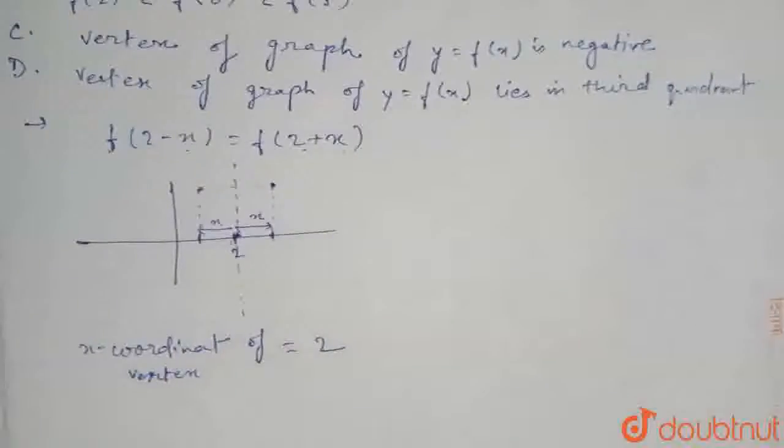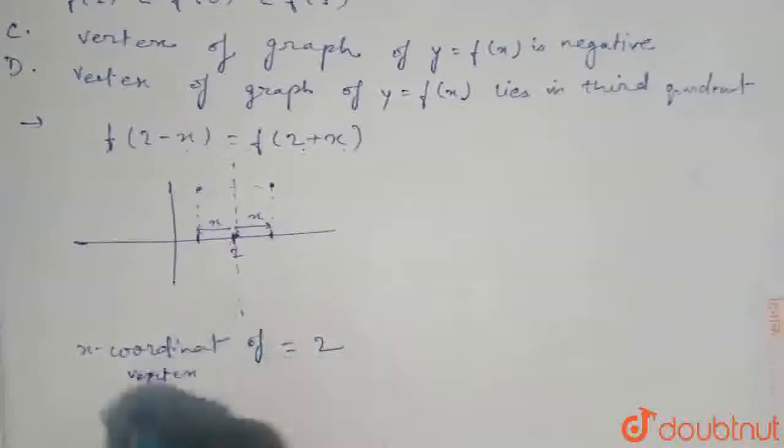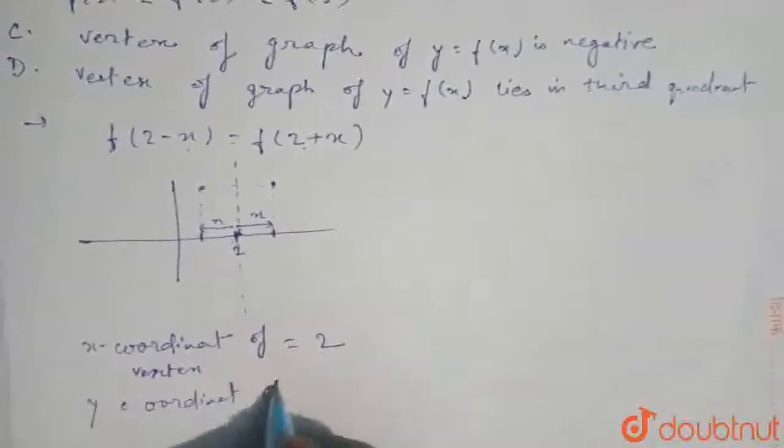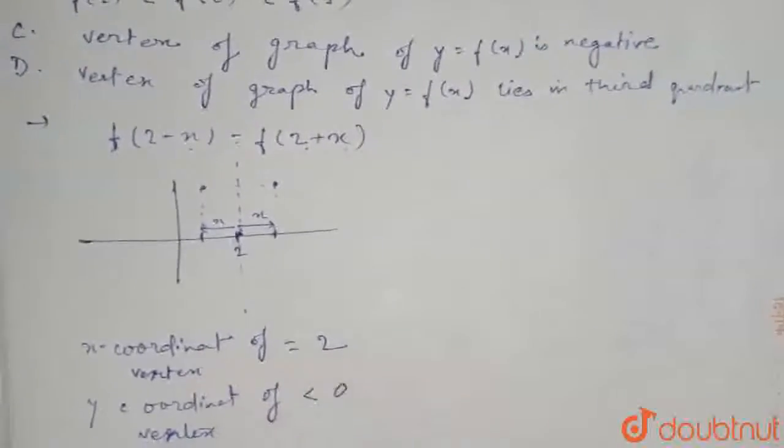Now if a quadratic equation has real roots and the parabola is opening upwards, then the y coordinate of the vertex will be negative, so the value of the function at 2 will be negative. So the y coordinate of the vertex will be less than 0.